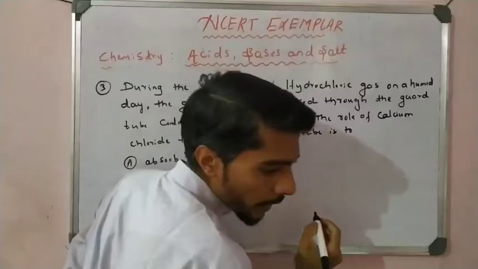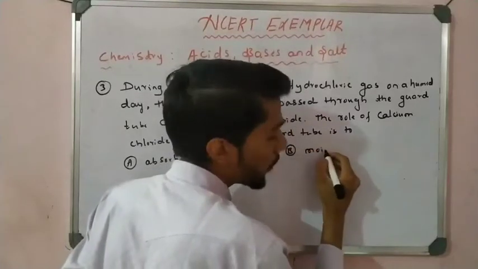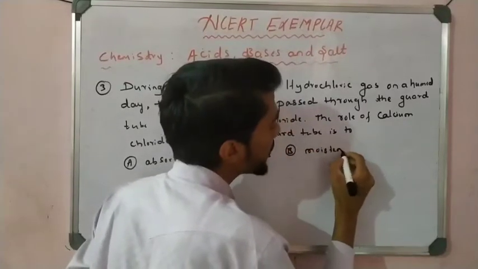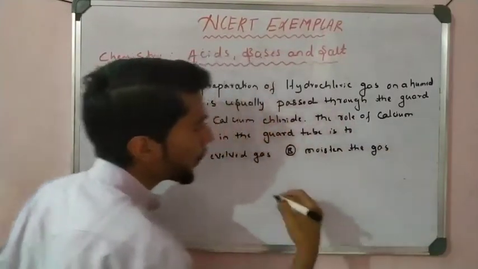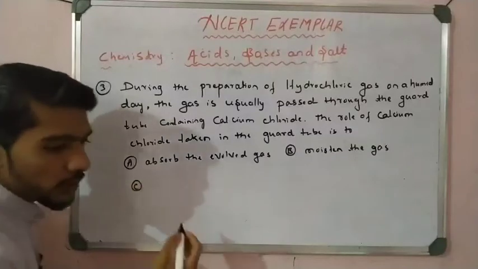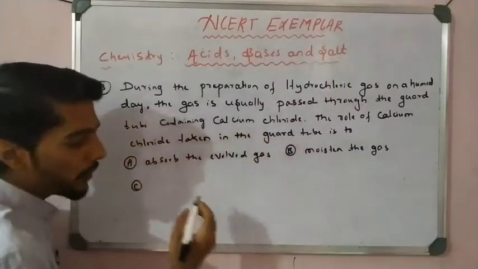Option B, moisture, the gas means added the moisture to the gas, added the water droplet to the gas. Okay, provide water to the gas, moisture, and then absorb moisture from the gas.